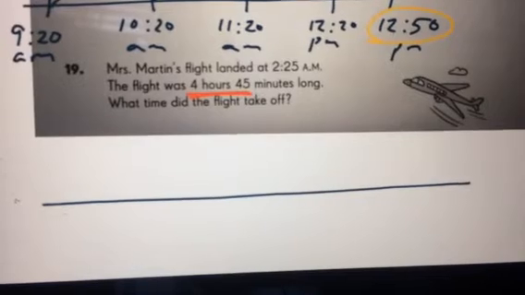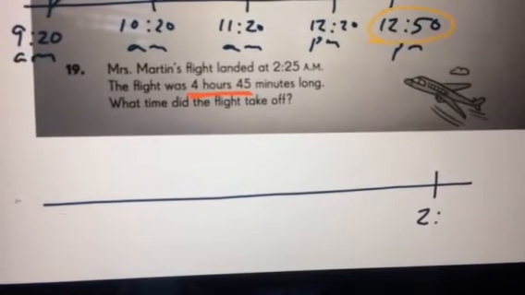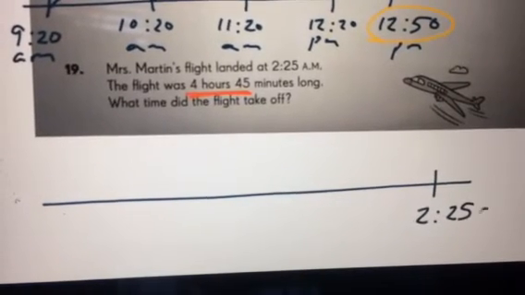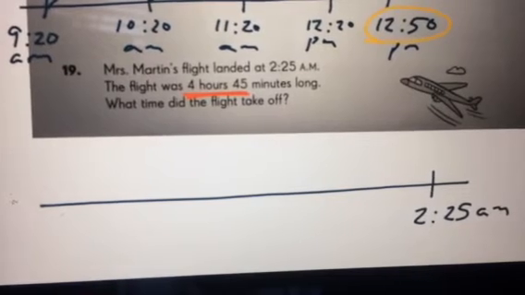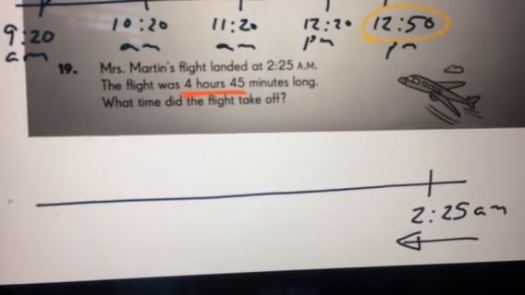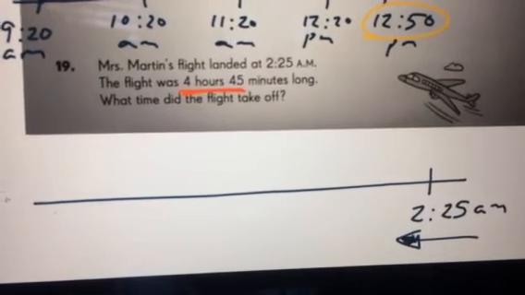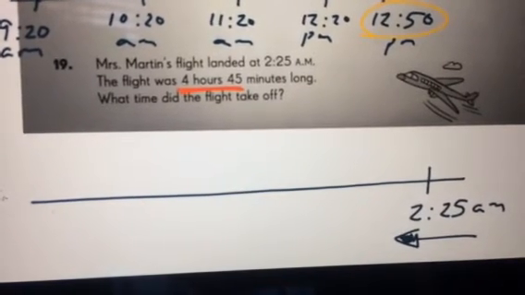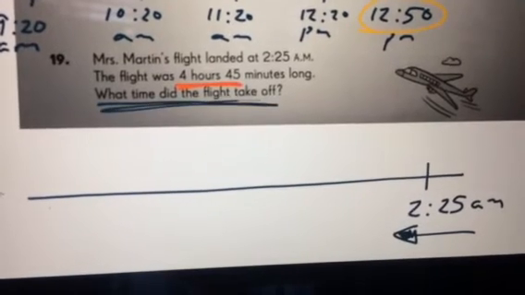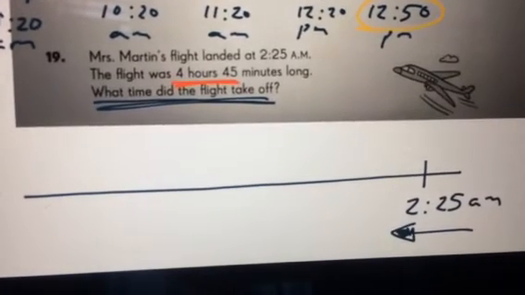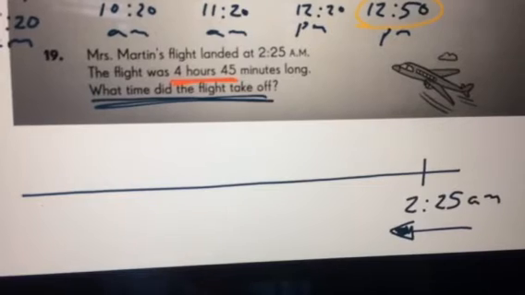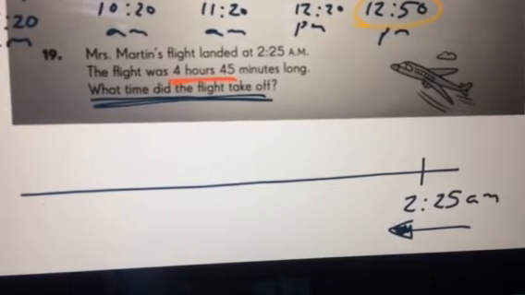So it tells you that it landed at 2:25 a.m., right? Now we're going to have to go backwards this way. So instead of adding on the hours, you're going to have to subtract the hours, right? Because we're trying to find out what time the flight took off. So let's skip the 4 hours and 45 minutes that it told us.